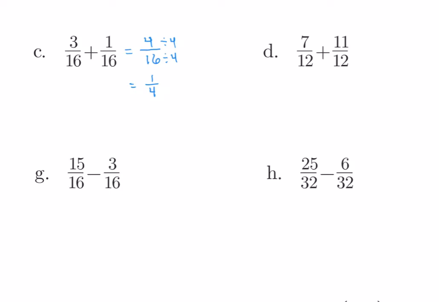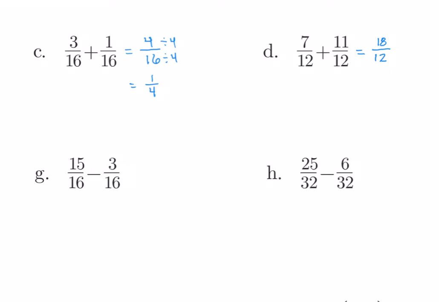All right, example D. If we go ahead and start by adding the tops, we get 7 plus 11 is 18 over 12. Now we got two things going on here. We do need to simplify the fraction, and we also need to convert to a mixed number.